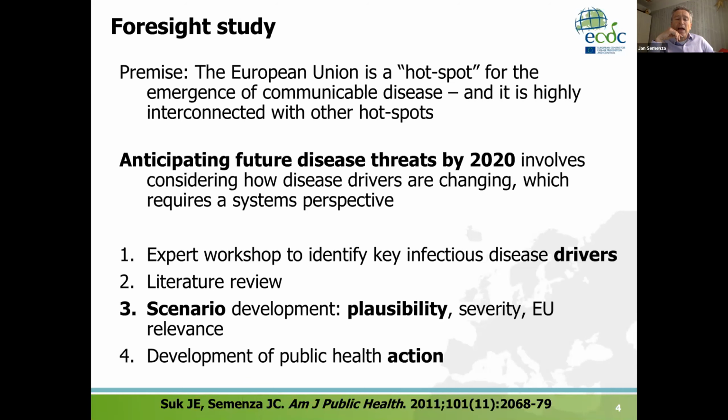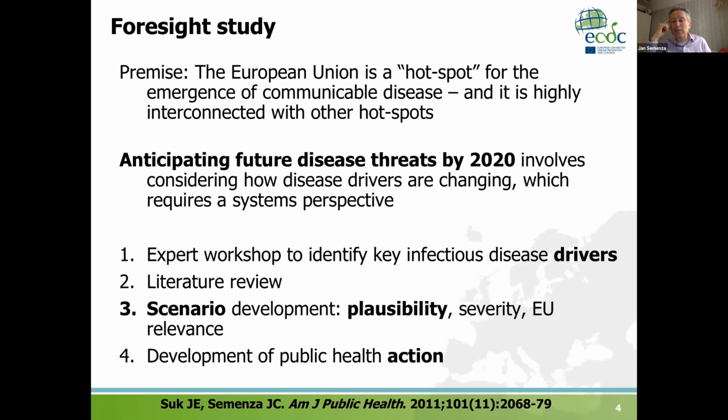So our goal was to try to anticipate the future by 2020, looking forward 12 years or so at the time. And so we asked these experts to identify key infectious disease drivers, and we plotted them out in workshops into different groups and organized them according to different features. We then conducted a literature review to validate our expert assessment, and developed scenarios based on the plausibility of these type of events, and particularly to assess the severity of these type of events to European public health.